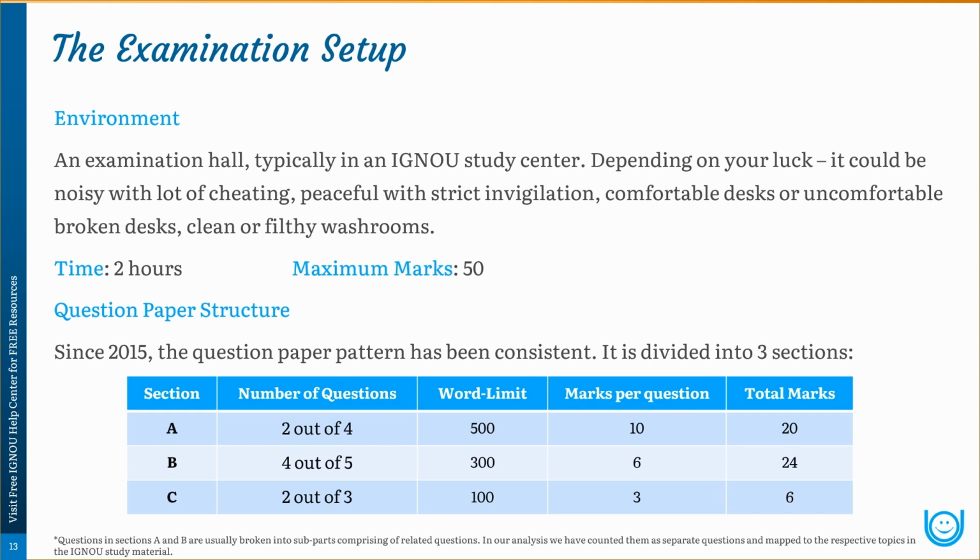In section A, you have to attempt 2 out of 4 questions in about 500 words each. In section B, you have to attempt 4 out of 5 questions in about 300 words each. And in section C, you have to attempt 2 questions out of 3 questions in about 100 words each.